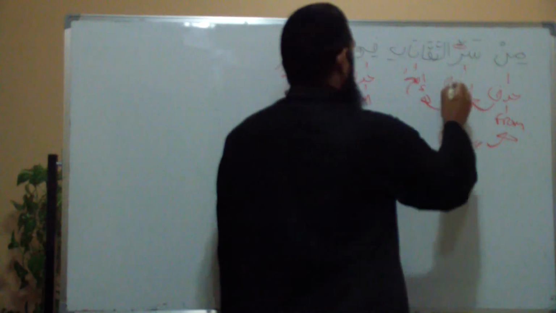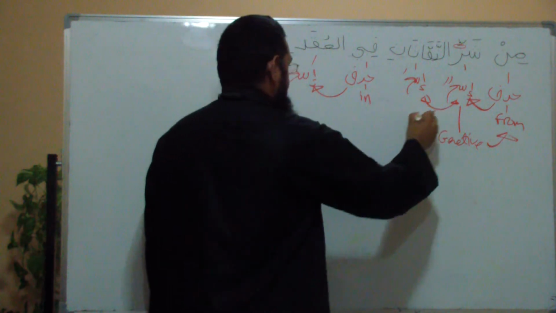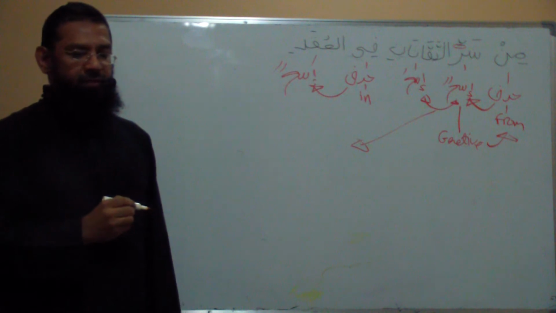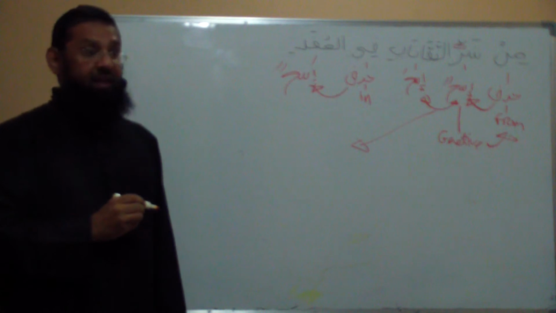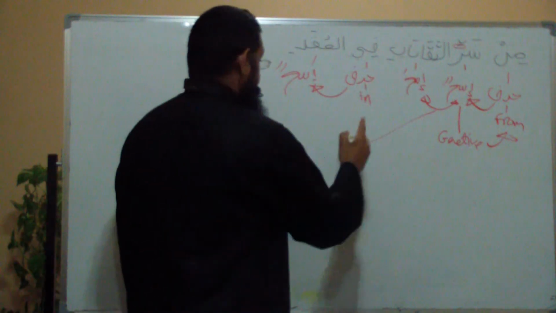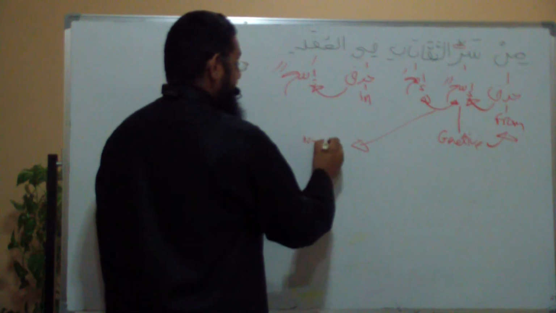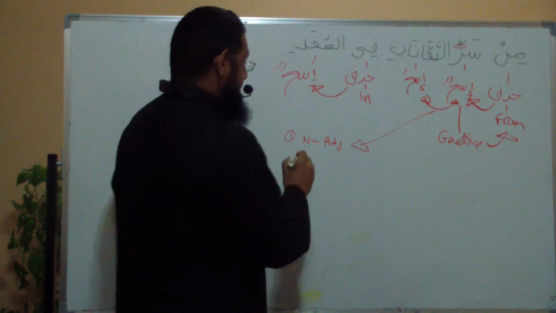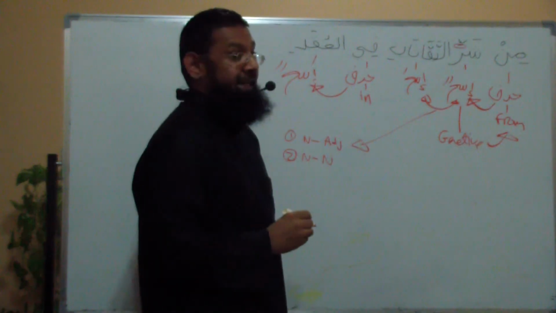So it's from something. Now we remember we had ismun to ismun. Now ismun to ismun has a number of options. Namely one or two options? Sadia? Very good. So one is that it's either a noun to an adjective, and the second is noun to noun, which is called in Arabic idafa.